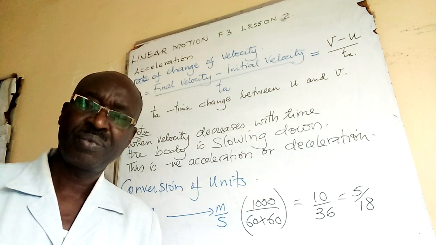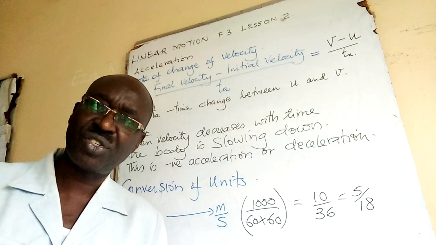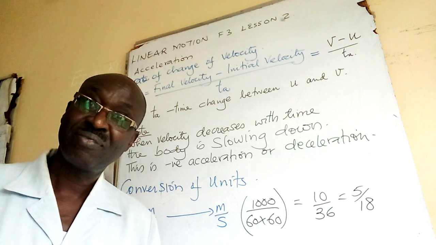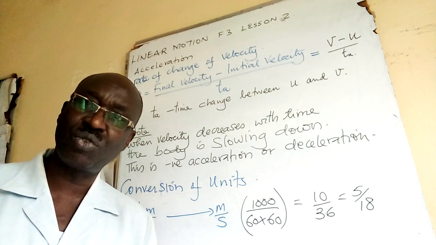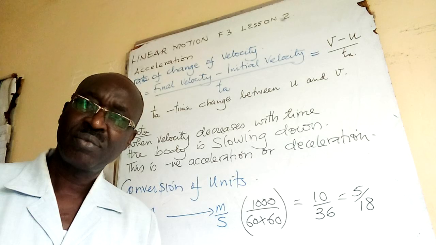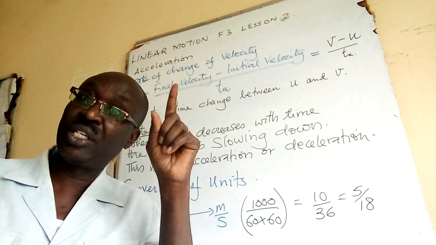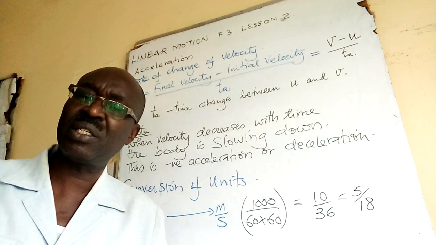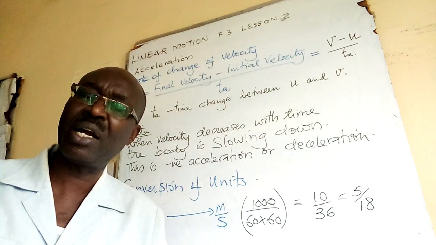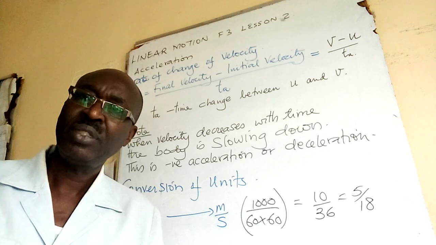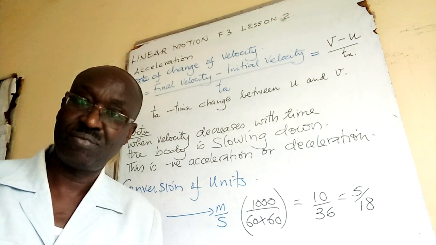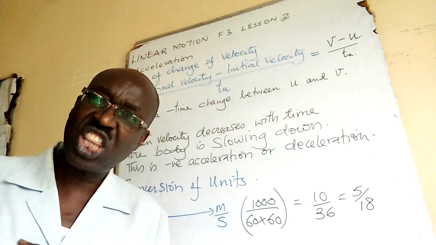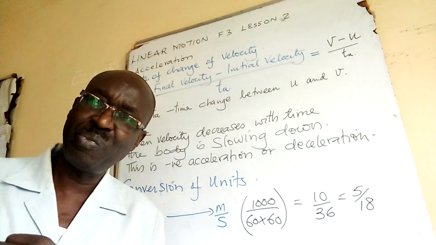Now, I reverse. I want to stop, or I want to negotiate a corner. So, it was at 60, and I've placed the brake pedal. So the vehicle is slowing. Its speedometer now reads 30 meters per second.